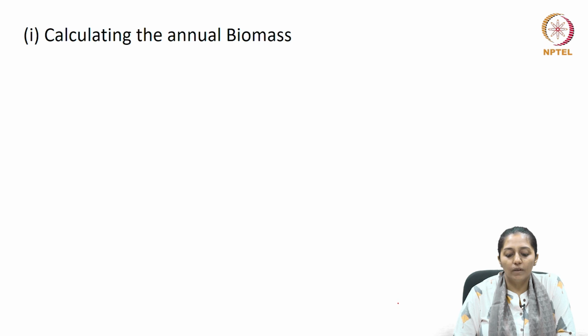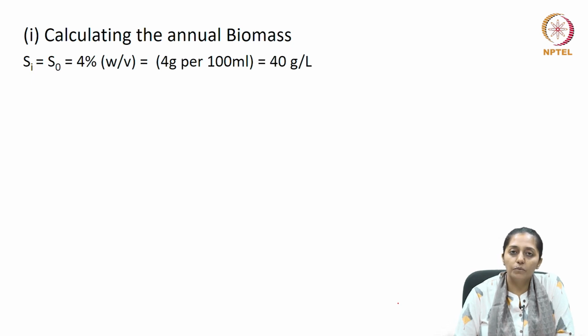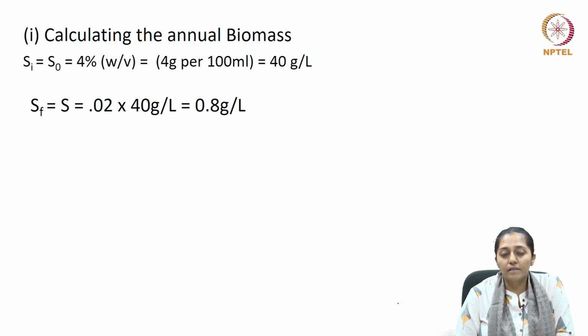Now we need to calculate the annual biomass production. How do we do that? What is given to us? The initial substrate concentration, which I said corresponds to 40 grams per liter of methanol. The final substrate concentration is also known, because it was given that 98% of the substrate is to be converted.